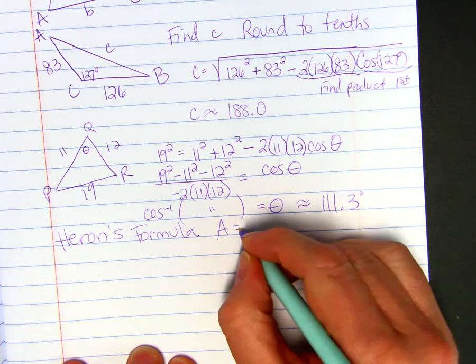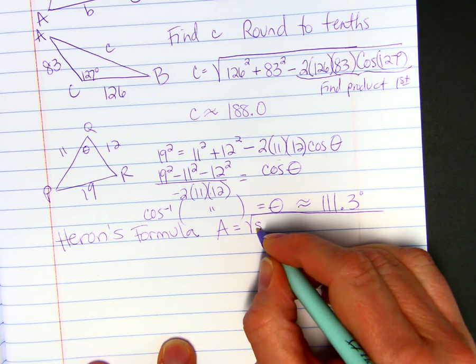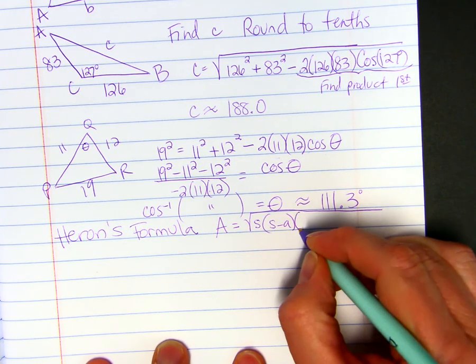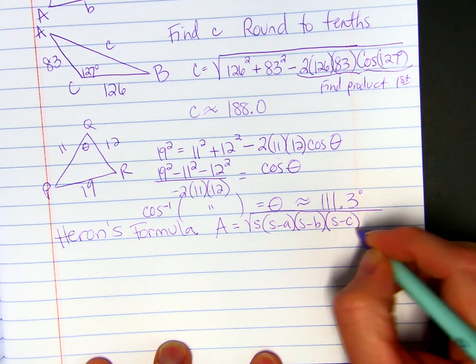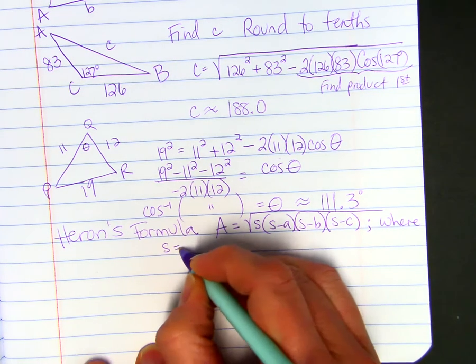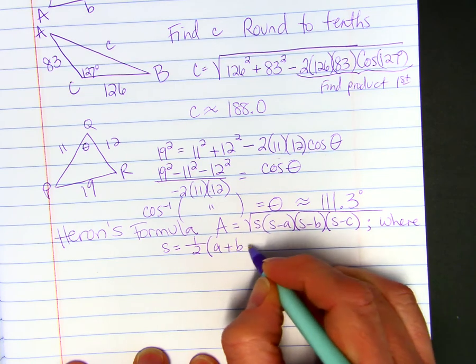Area equals the square root of S times S minus a times S minus b times S minus c, where S equals 1/2 of a plus b plus c.